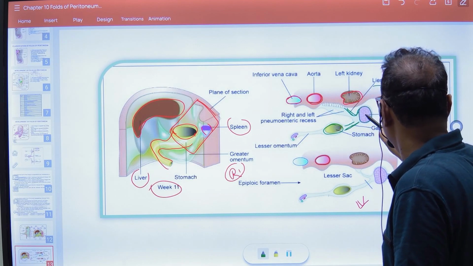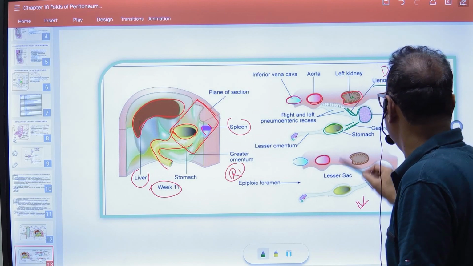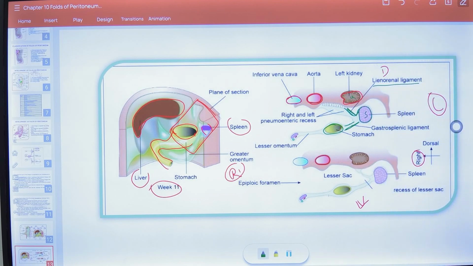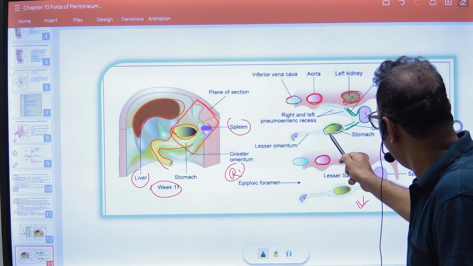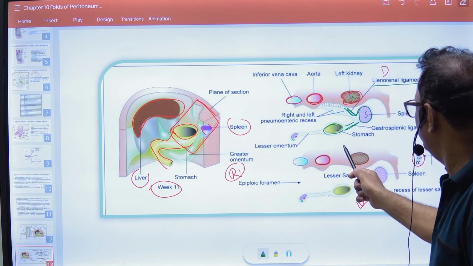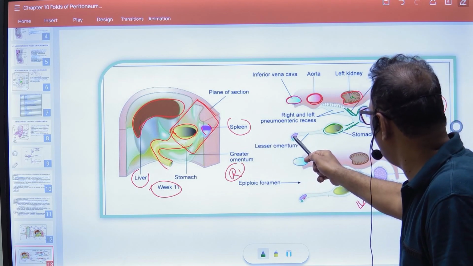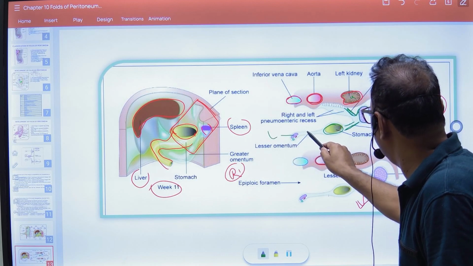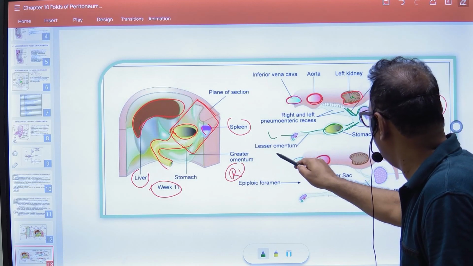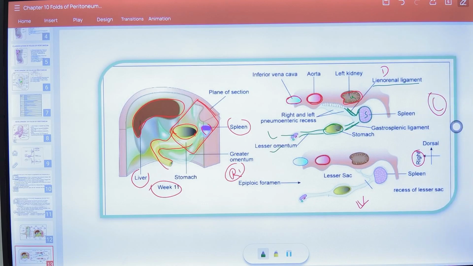This is the spleen and this is the kidney. So the kidney is connected to the spleen by means of this linorenal ligament, the posterior half, and this is the anterior half. And here we have got the lesser omentum. This is the right side. So we have got the liver over here, and this is being connected to the stomach by means of this lesser omentum.